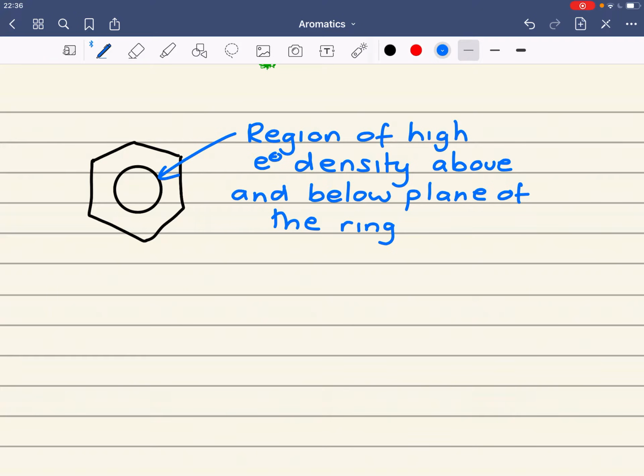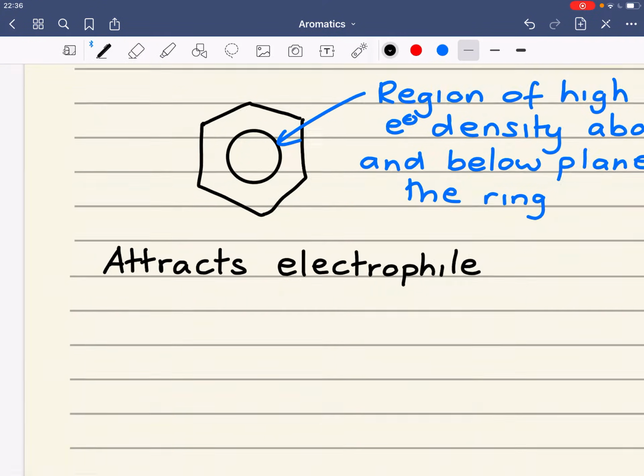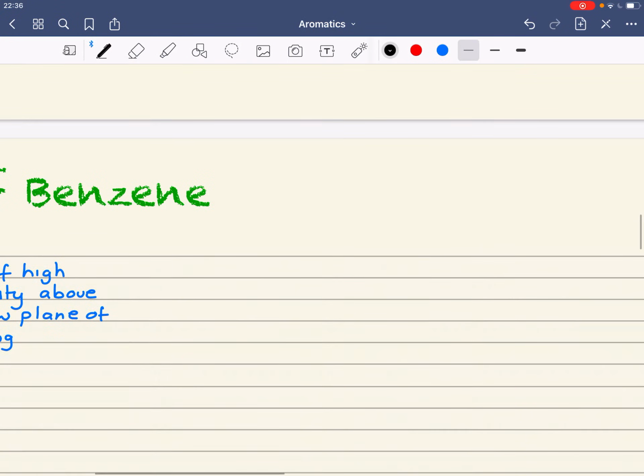Because you've got a high region of electron density above and below the plane of the ring, this will attract electrophiles, just like the carbon-carbon double bond in an alkene. So remember when we looked at alkenes, we said that they attracted electrophiles, something like HBr.